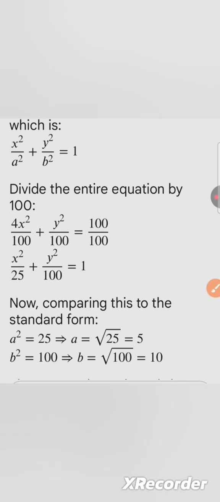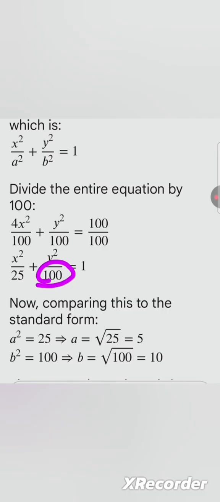Now what we can see here, the denominator of y square is greater than that of x square. So it is actually in the second form, or the vertical form of the ellipse, where the y axis is the major axis and the x axis is the minor axis. That means a square is 25 and b square is equal to 100.